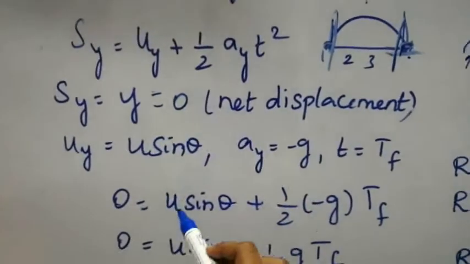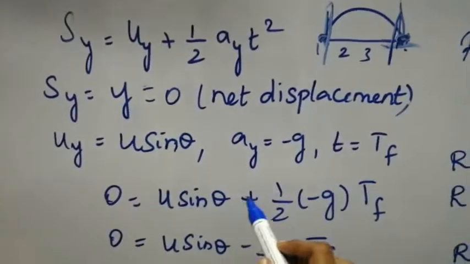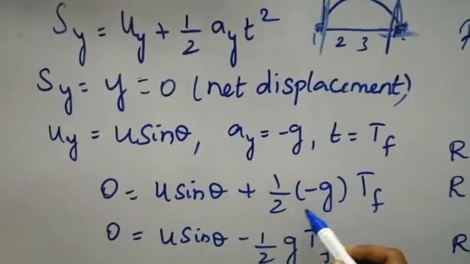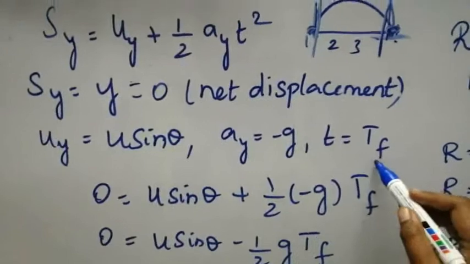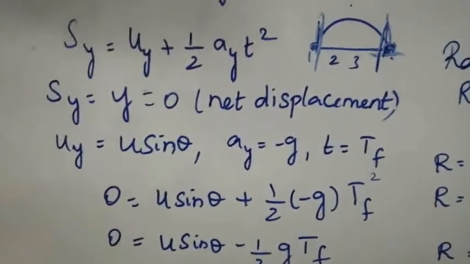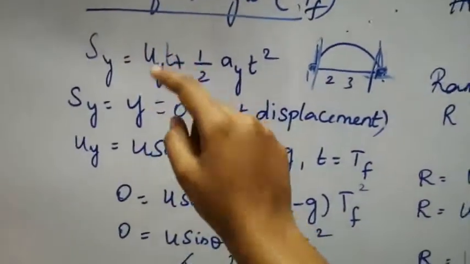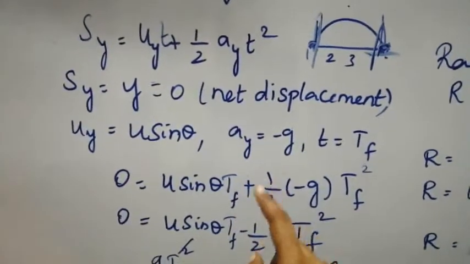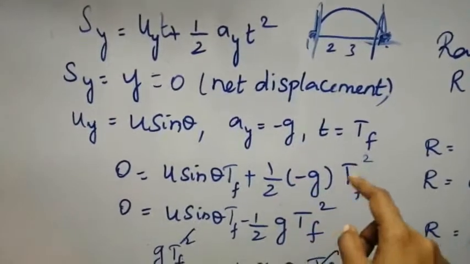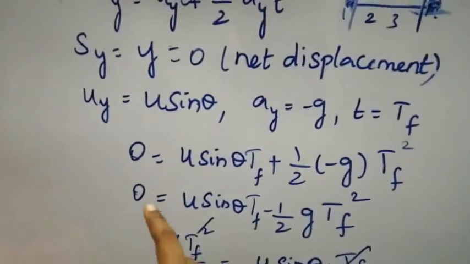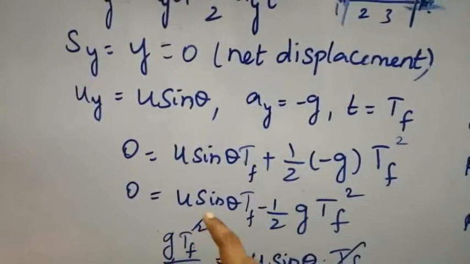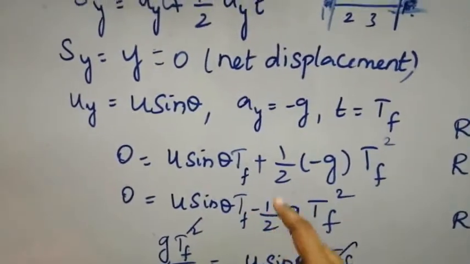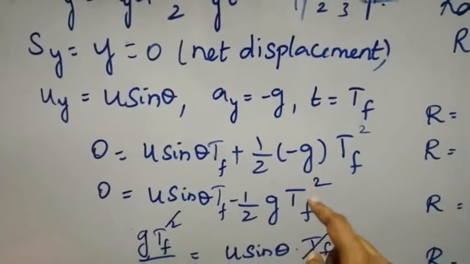So 0 is equal to uy into t, so u sin theta into tf, plus 1 by 2 into minus g into tf square. So 0 is equal to u sin theta into tf, minus 1 by 2 g tf square.